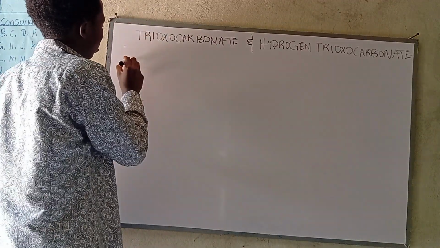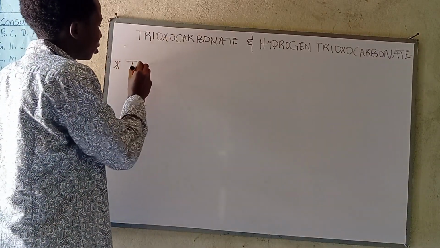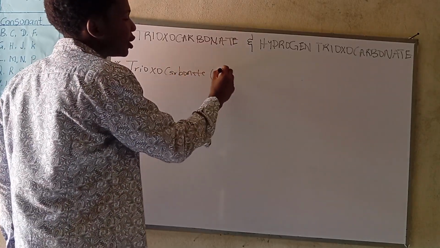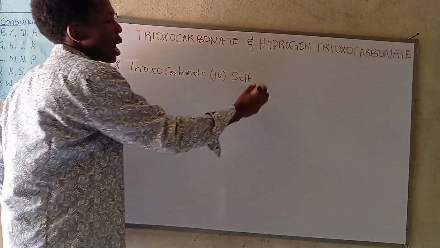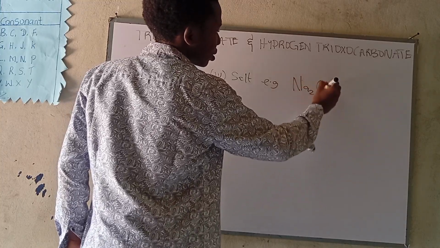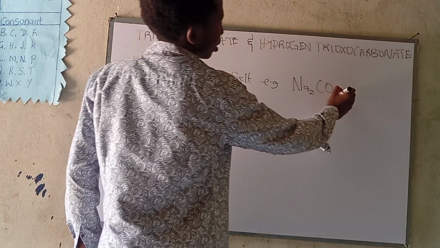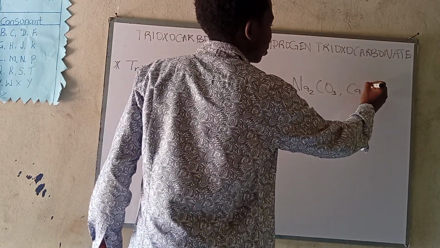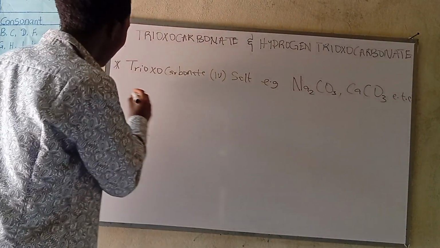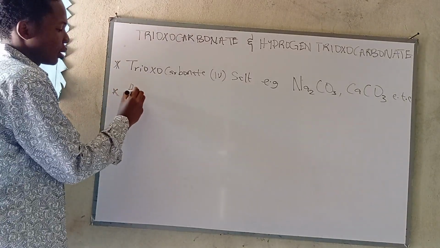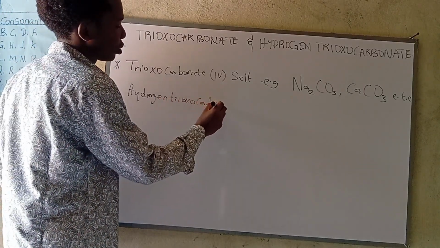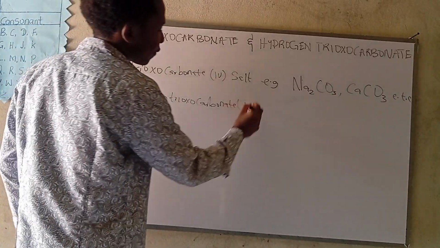Now, first of all, our trioxocarbonate. Our trioxocarbonate salts are, we have sodium trioxocarbonate, and we have calcium trioxocarbonate, etc. Okay, for our hydrogen trioxocarbonate, salts.